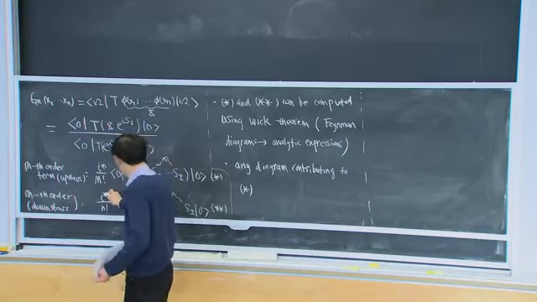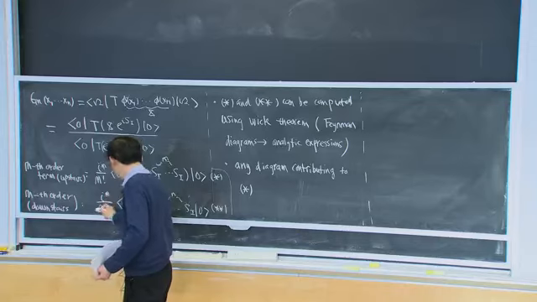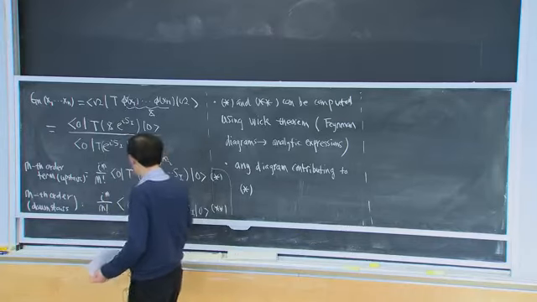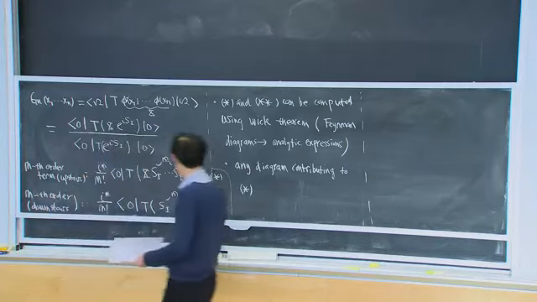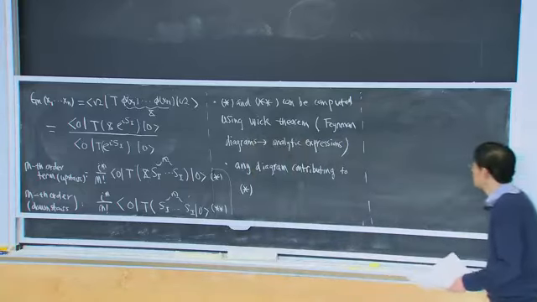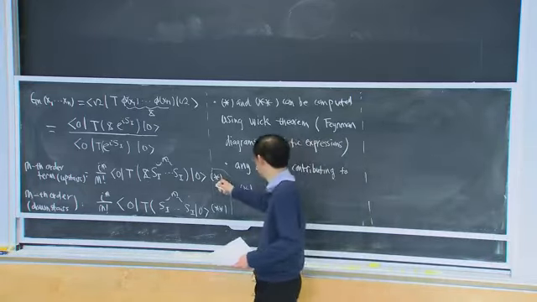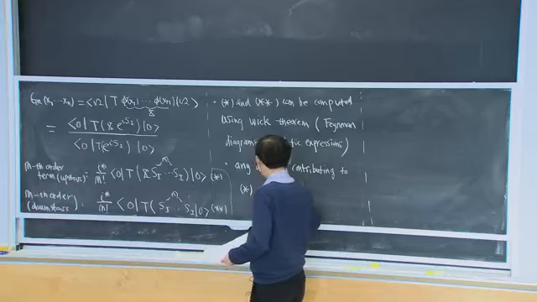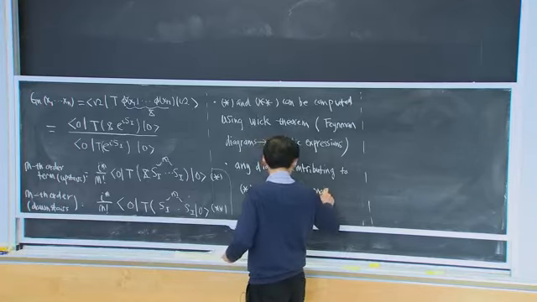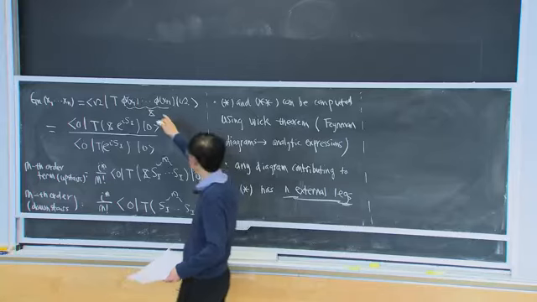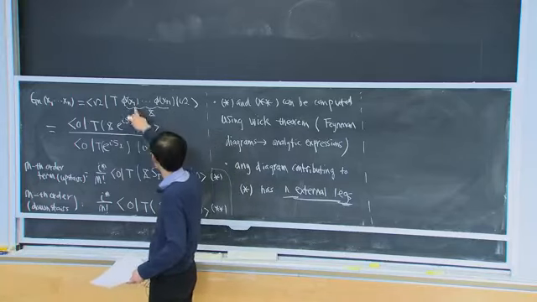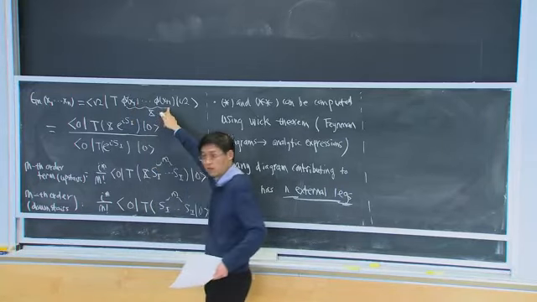So at m-th order, any diagram contributing to star has n external legs. That comes just from this φ(x1) up to φ(xn).